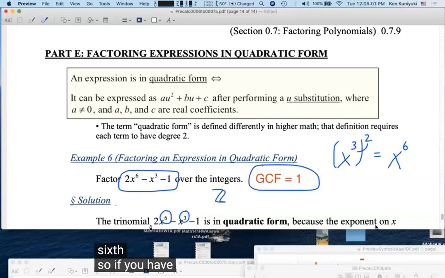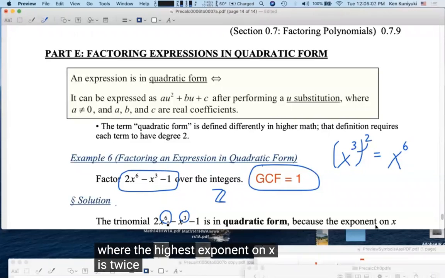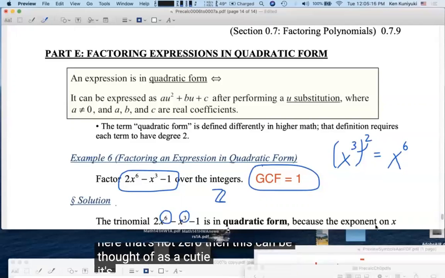So if you have a QT like this, where the highest exponent on x is twice this other exponent on x, and if you have a constant term that's not 0, then this can be thought of as a QT. It's in quadratic form.